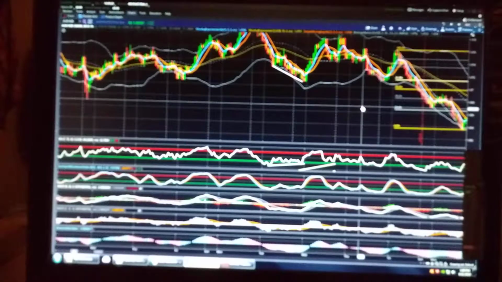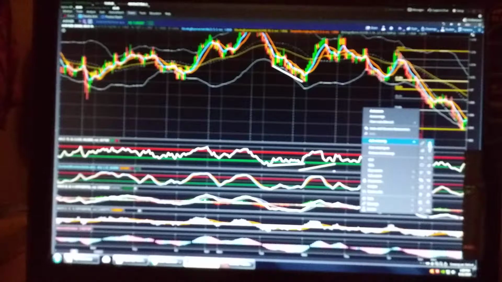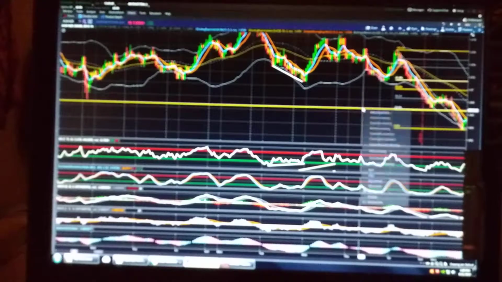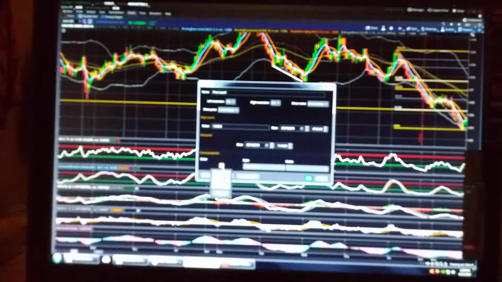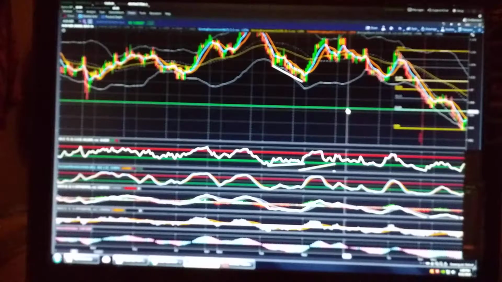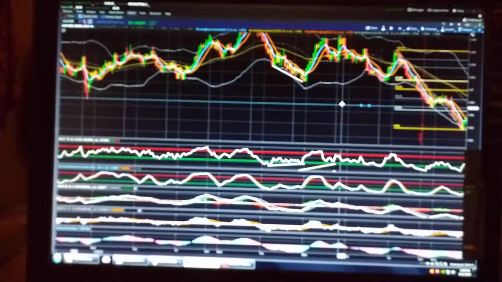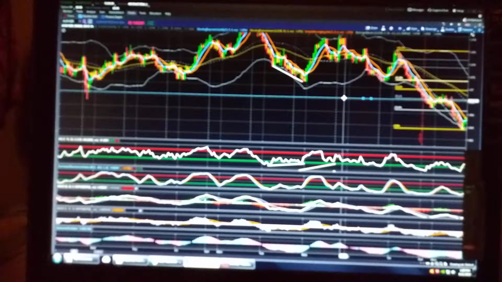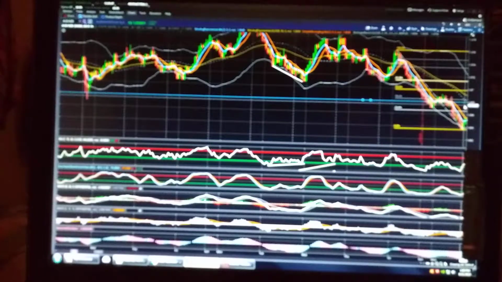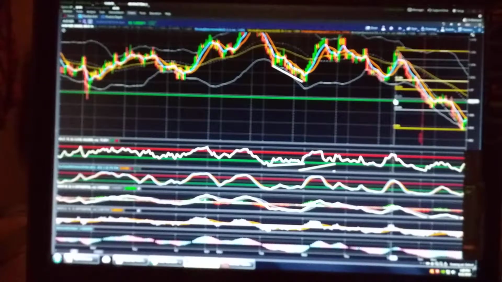So let me draw this green line here, which will help us see. This is target 1, 38.2. However, if price goes up to that target but doesn't hit it, it'll come really close to it. So instead of going for the exact 38.2 as a target, I go a little short of it, maybe 5-ish pips short of it, and I'll make this my target.